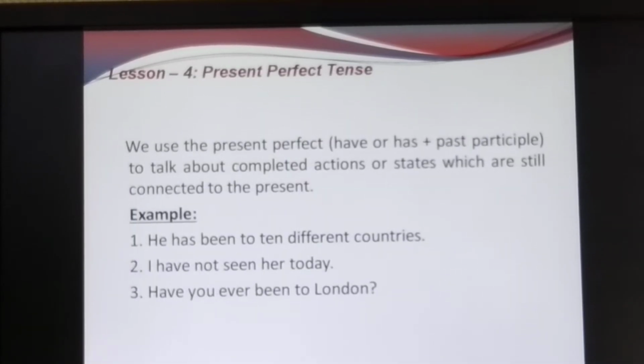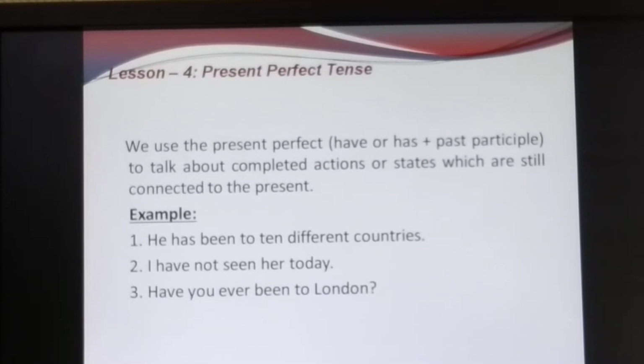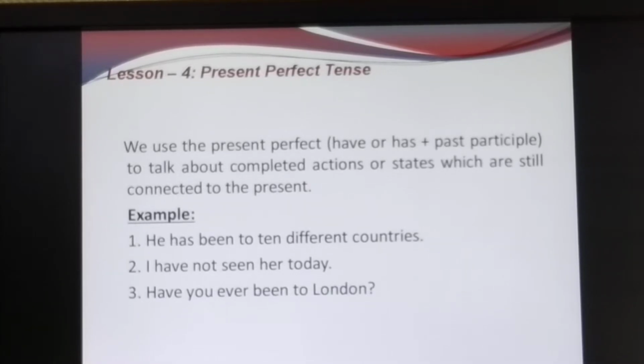We use the present perfect, have or has plus past participle, to talk about completed actions or status which are still connected to the present, which means that the event or action has already been over, but the result or effect is still present at the moment. It is still connected to the present.